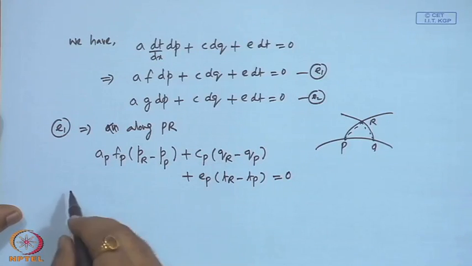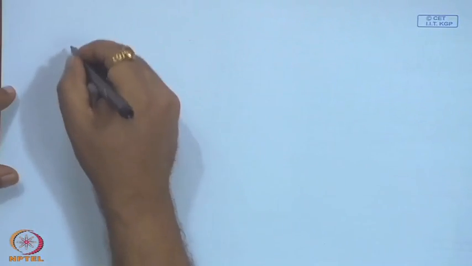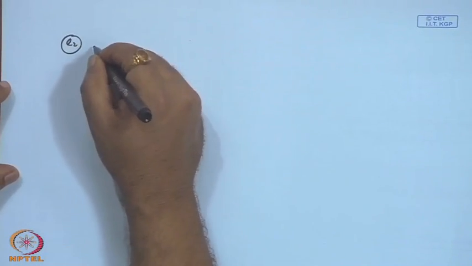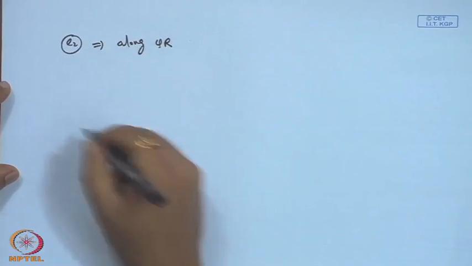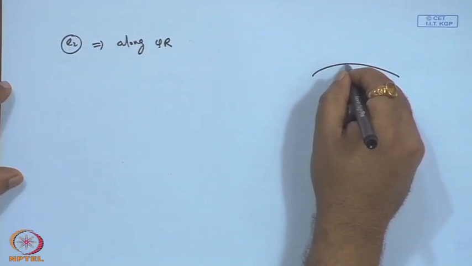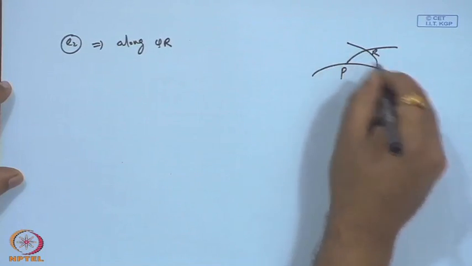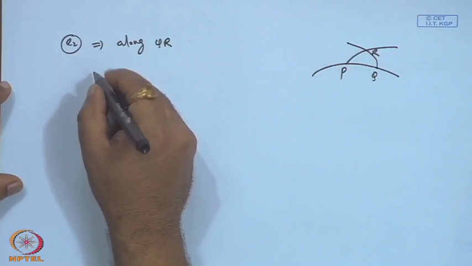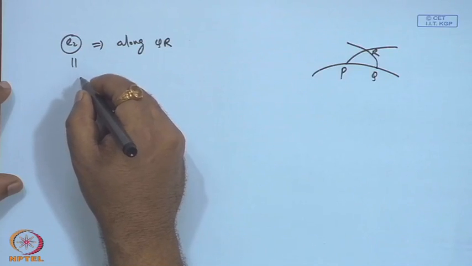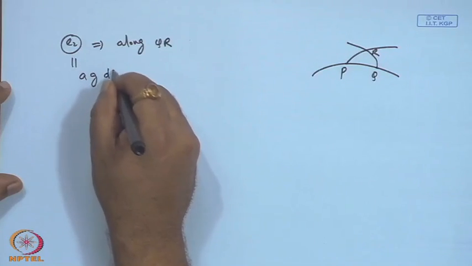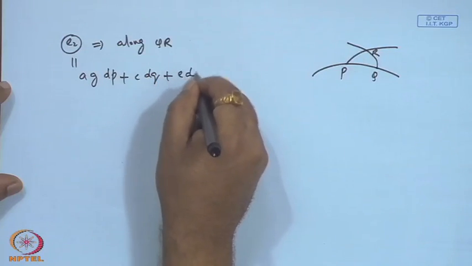Then similarly, maybe I do it, consider E 2. This implies along Q R. So, along Q R, okay, what is E 2? E 2: A G D P plus C D Q plus E D T equal to 0.